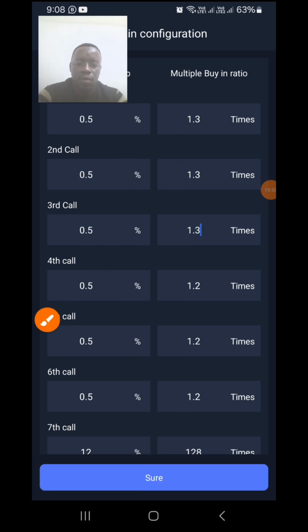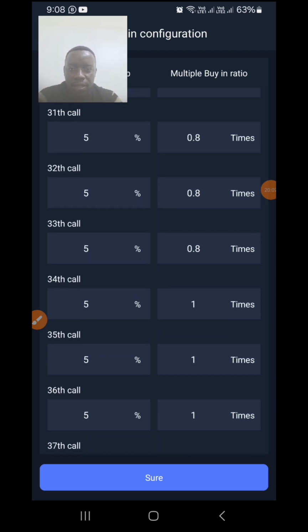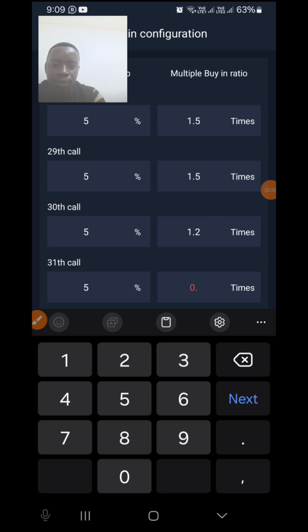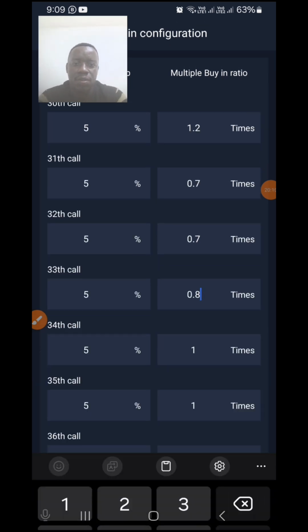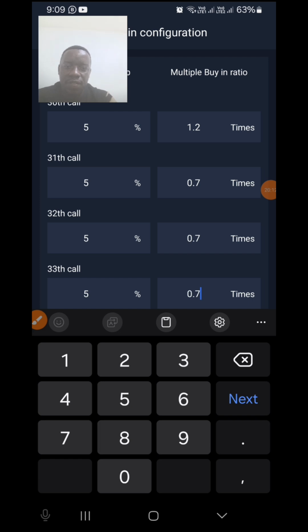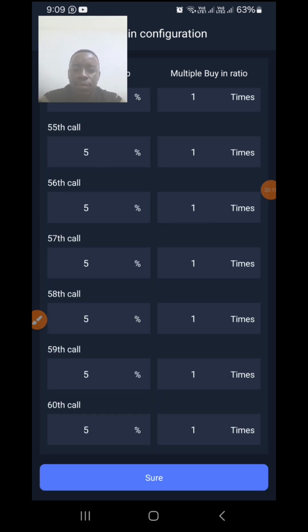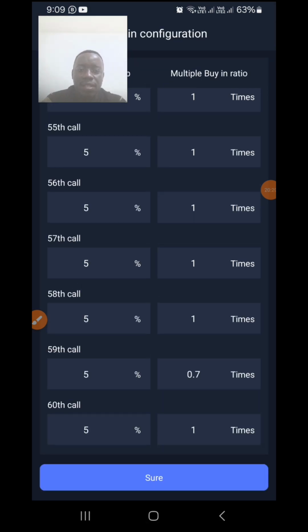So if you use 1.3, when you go past the 30th, from the 30th going down, we use 0.7, 0.7 up to the 60th. So guys, that's how you set our drop.